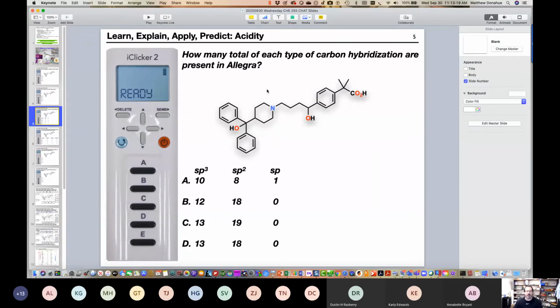Notice it says total now. So you're counting all of the carbons and putting them in these different hybridization bins. How many total sp3? How many total sp2? How many total sp? We're not reducing that number by symmetry at all.